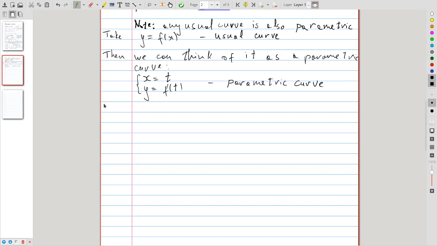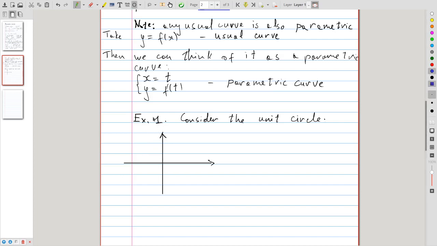For the first example, take the unit circle. What do we know about it? Well, the unit circle, as it is used to define sine and cosine, can be thought of as follows.